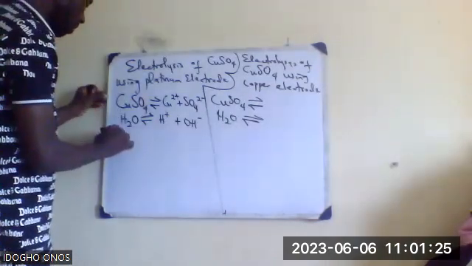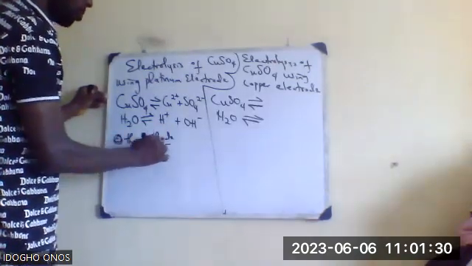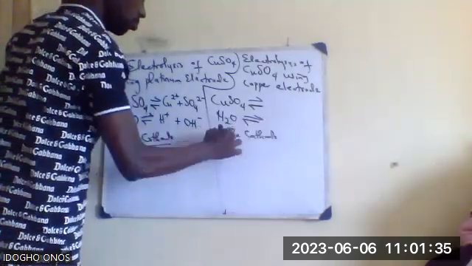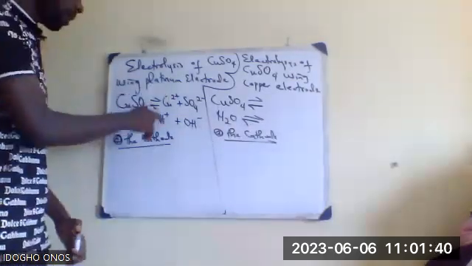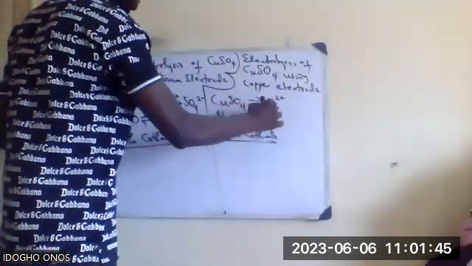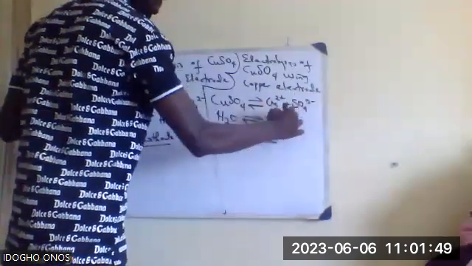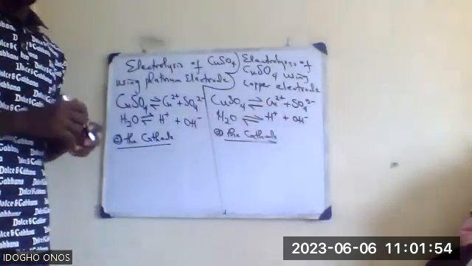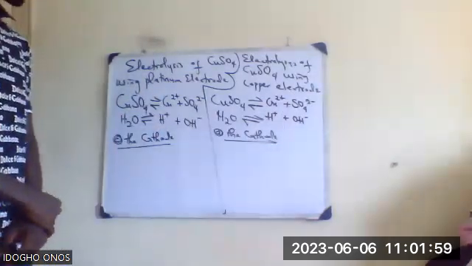Then we can now come here as the cathode. For the cathode, we have copper and hydrogen. The same thing here too. As the cathode, can anybody tell me what will be the ion that will be preferentially discharged?